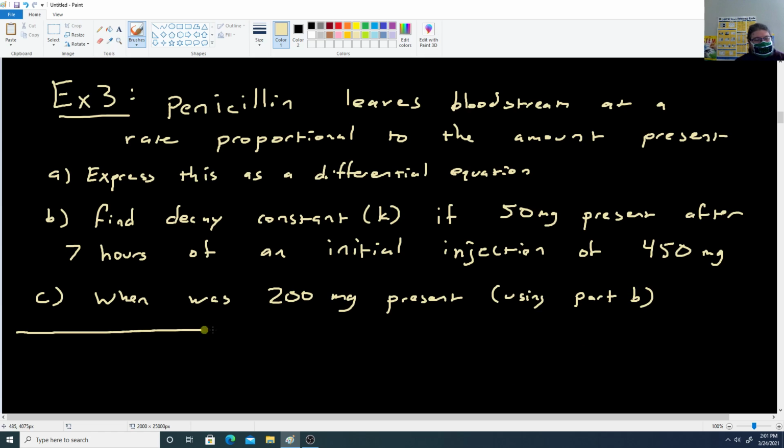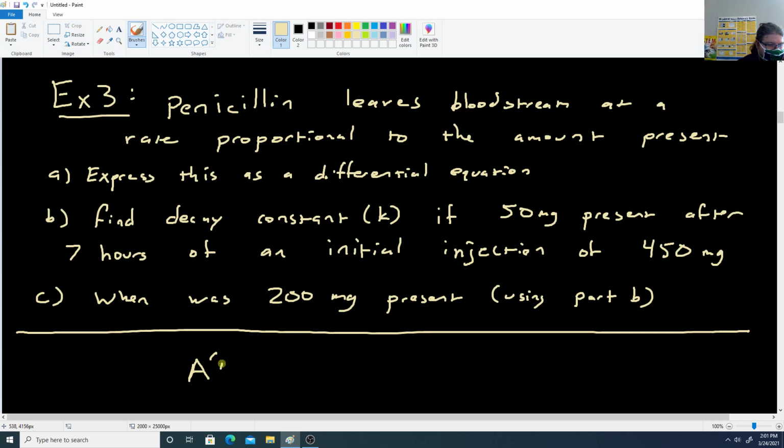Okay, so first of all, penicillin leaves the bloodstream at a rate proportional to the amount present. So we're going to say A prime, so the rate that penicillin is leaving the bloodstream, will equal, it's proportional to the amount present, so K times A. And it needs to be negative because the amount is leaving.